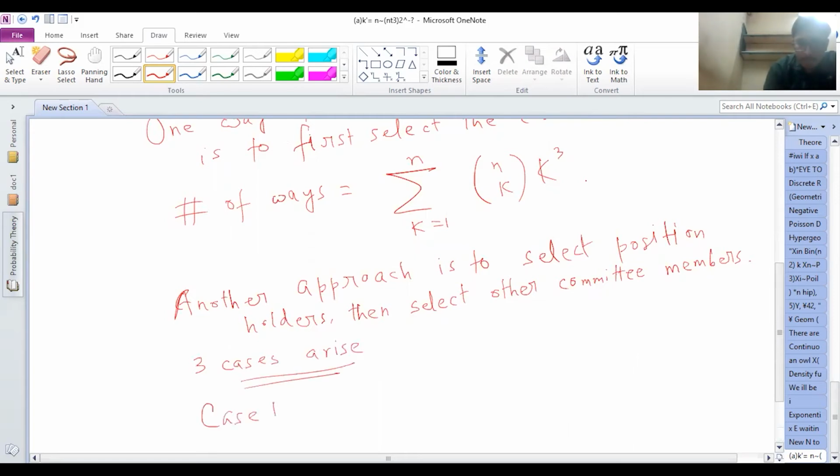Case 1, all the position holders are the same person.